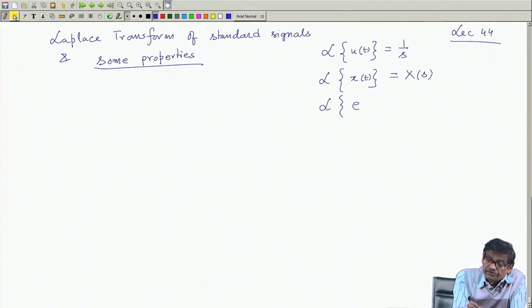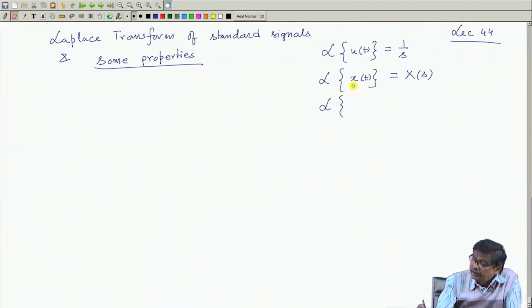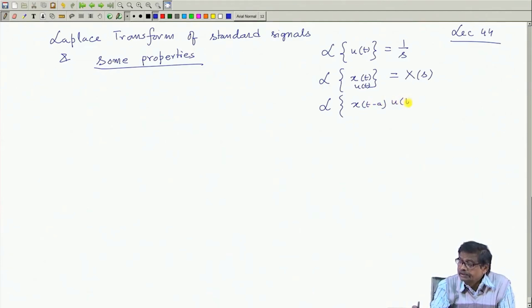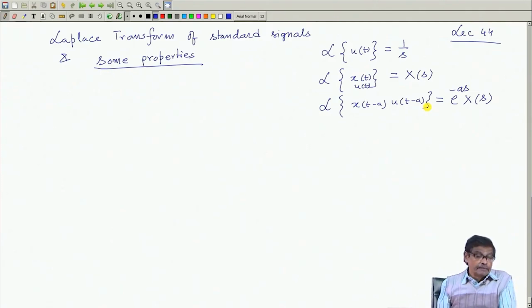If you time shift the function x(t) u(t), mind you, because we are doing one-sided Laplace transform, it is x(t) into u(t), then x(t minus a) into u(t minus a), the shifted version, will become the same X(s) without a, but multiplied by e to the power minus a s. That is what we have seen.